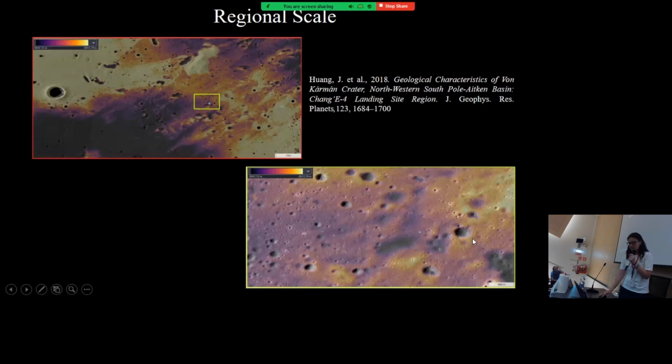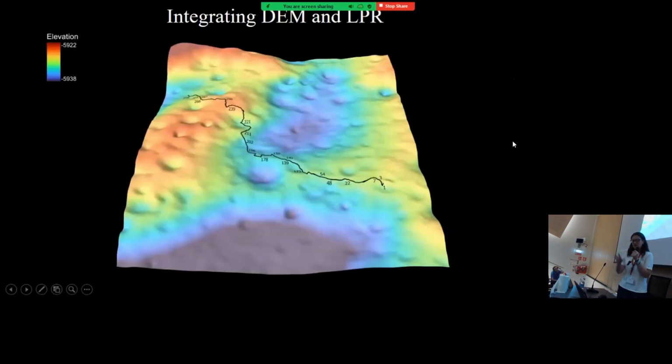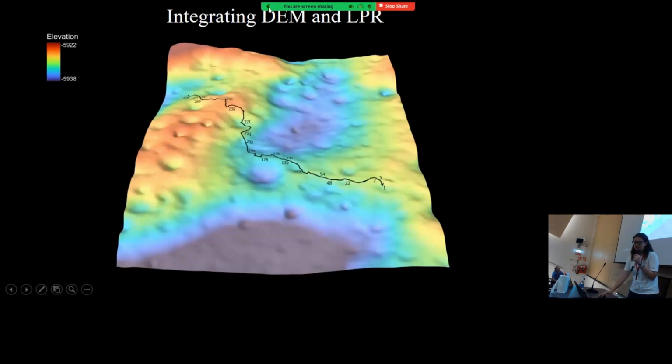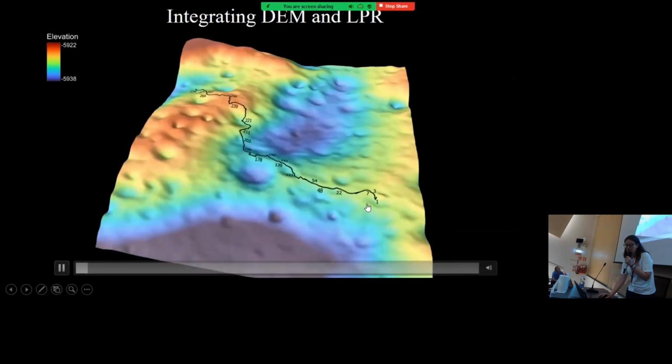This dominance of Vincennes ejecta rays is reflected in the distribution of alternating southwest-northeast features, which are evident on this 3D digital elevation model.